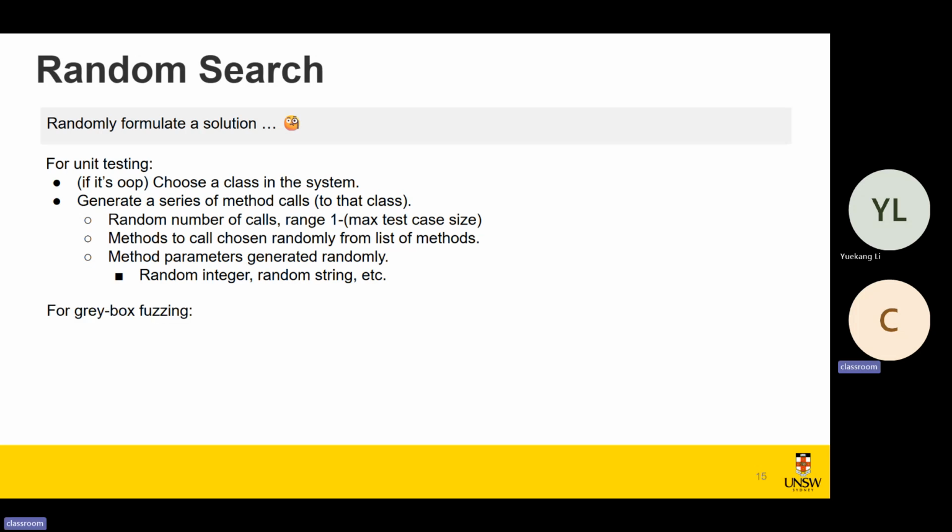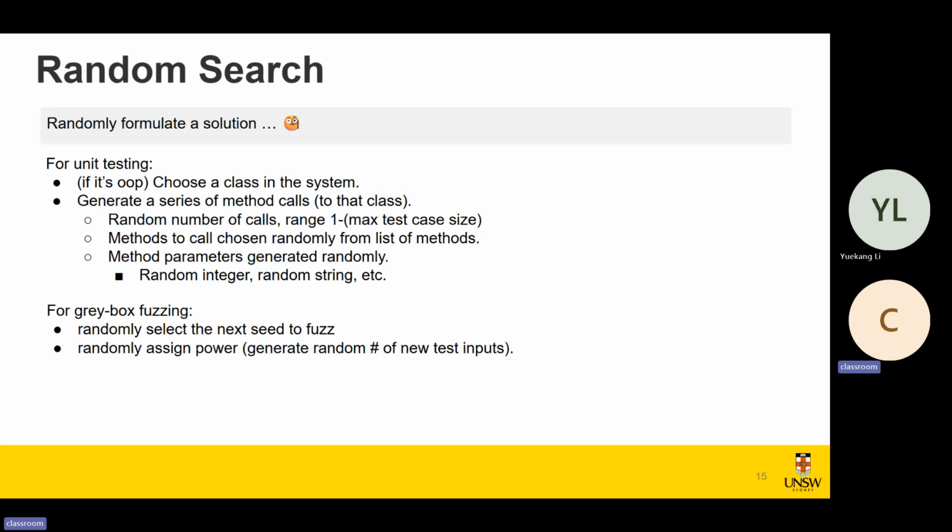For gray box fuzzing, we can also try out these random searching strategies. For the seed prioritization problem, which is related to which seed to use next, we can randomly select the next seed, right? This is a default implementation for assignment 2. You need to implement some advanced strategies. After getting a particular seed, we need to determine how many new test cases we could generate from the seed.